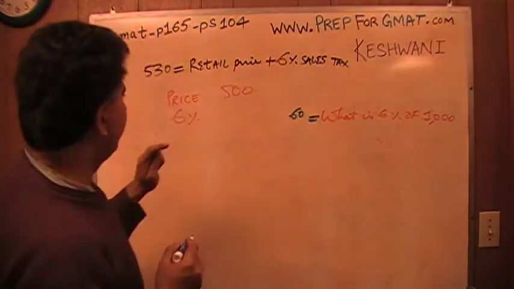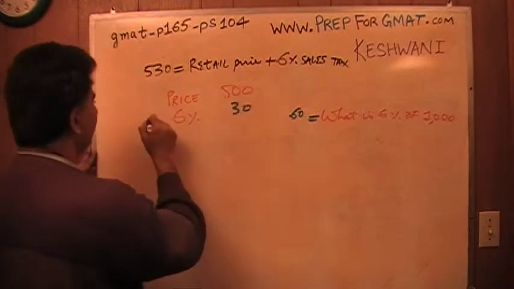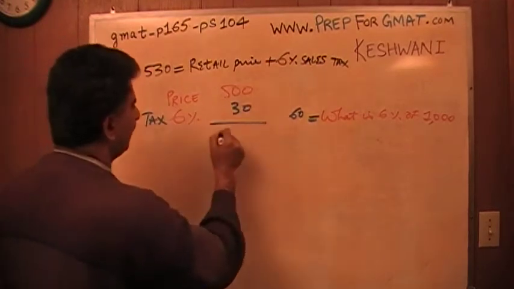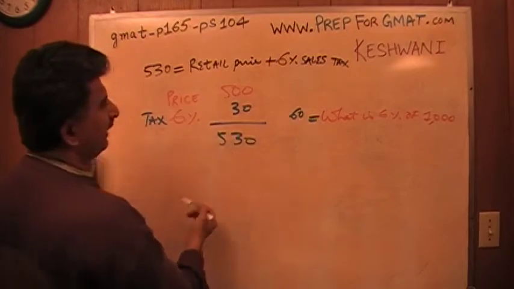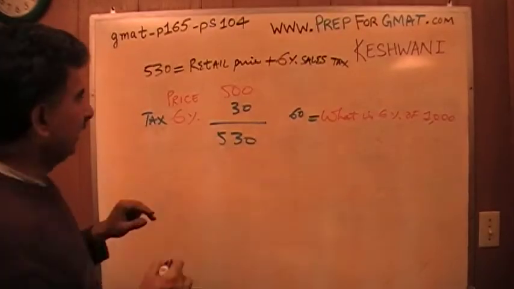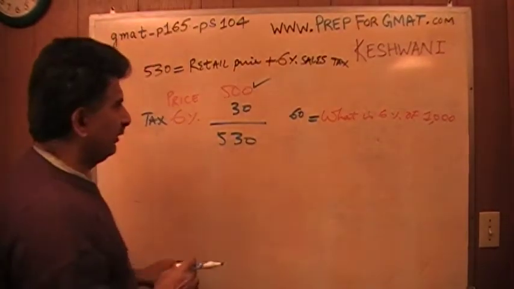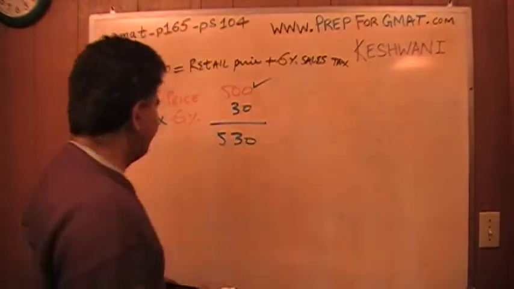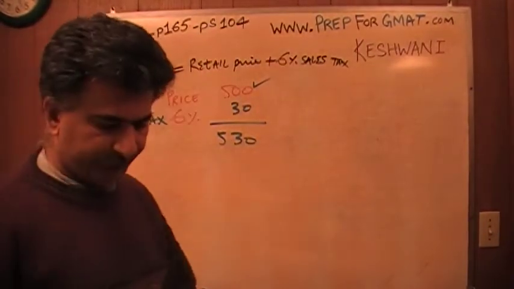Therefore, 6% of 500 should be 30, which is your tax. There you go, voila. So it turns out that our gut feeling was right. The price is 500. Let's continue reading then.